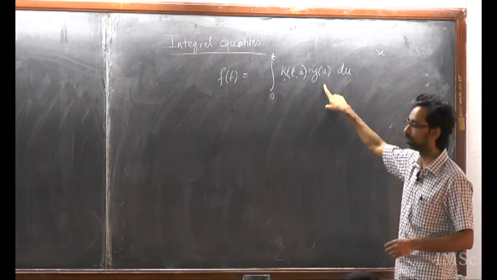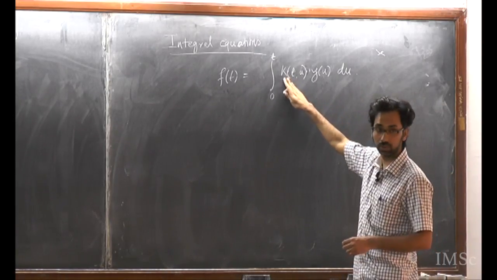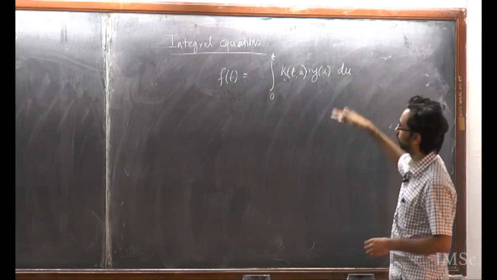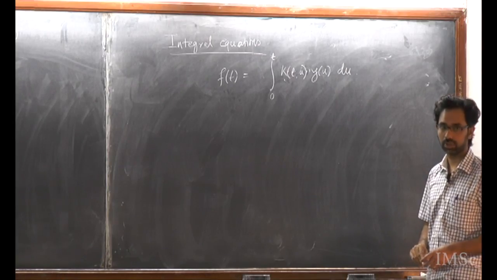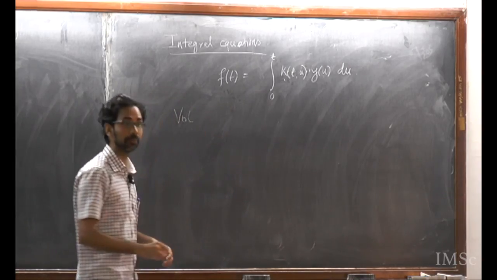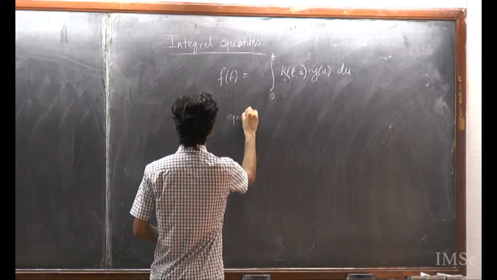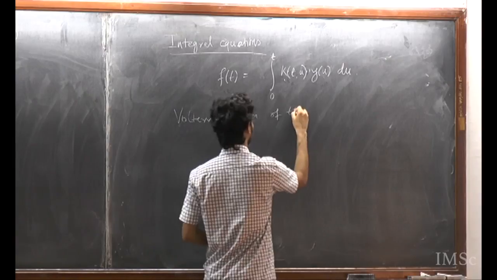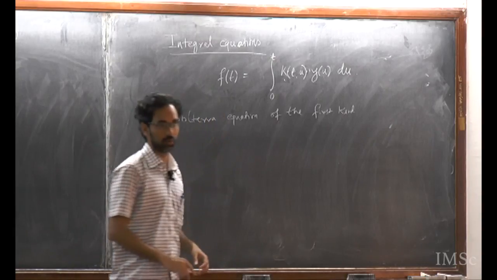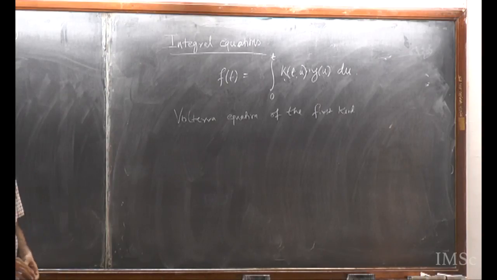You want to find the function y, for which, for a known function, this k is also known, f is also known, and you want to find the function y for which this equation is satisfied. This is called Volterra equation of the first kind. So when I say Volterra equation of the first kind, this gives you a hint that there will be a Volterra equation of the second kind, right?